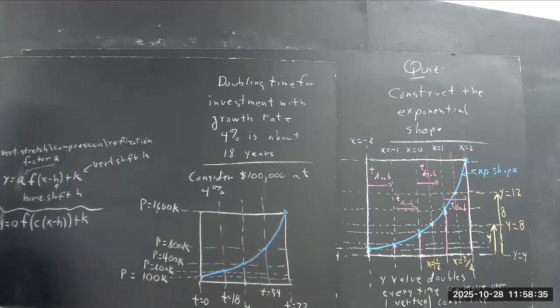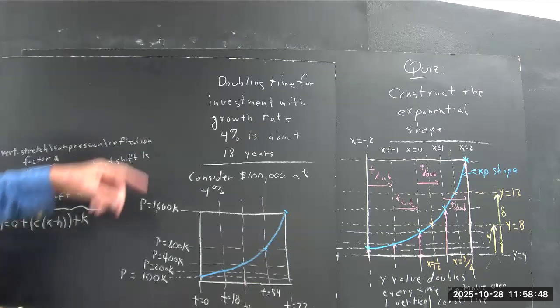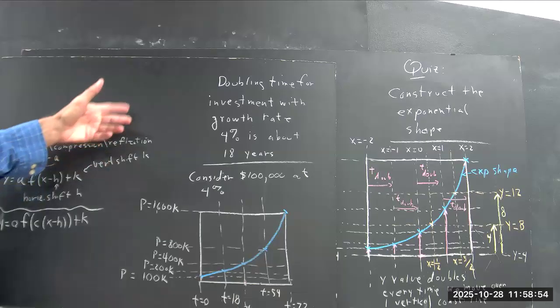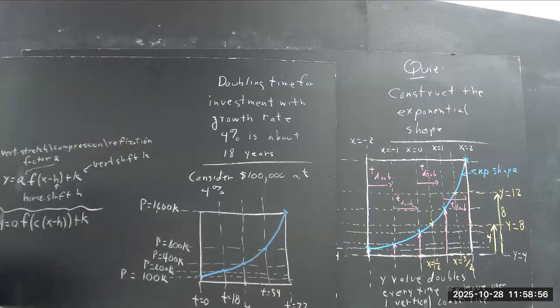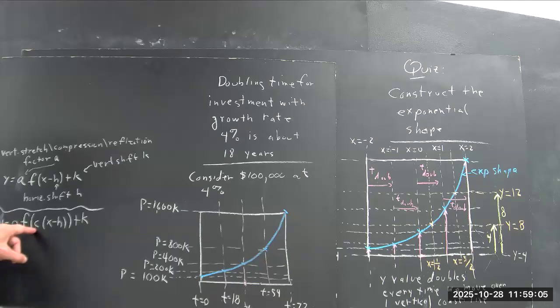You saw in the first chapter, you have a horizontal compression factor, the number in front of your x minus h. What you think of is you take your toolkit graph, you stretch or compress depending on the value of a, and if a is negative, you reflect it. Then before you do your horizontal and vertical shift, if you've got some number in front of x, you have to horizontally compress it by that amount.